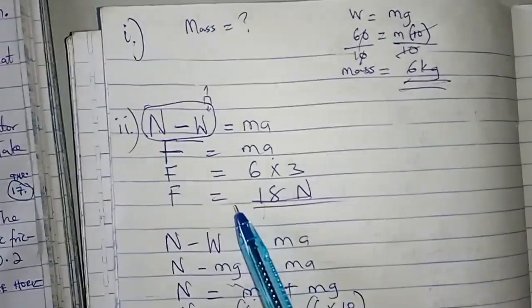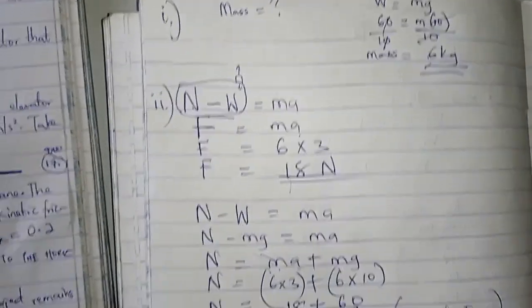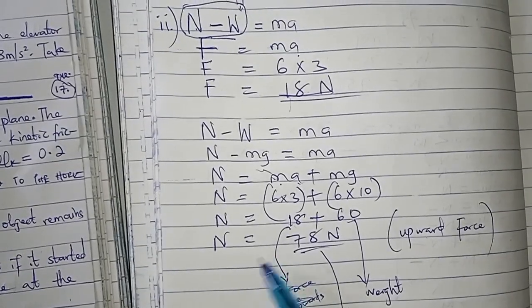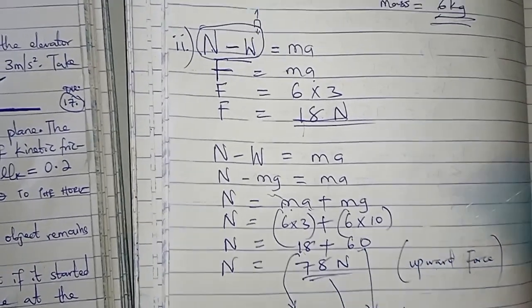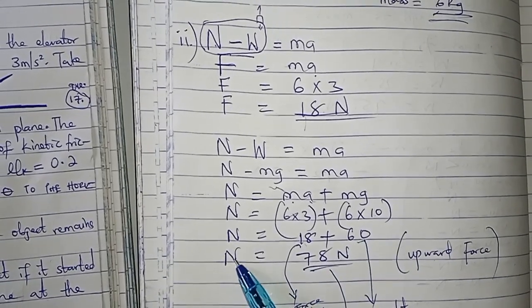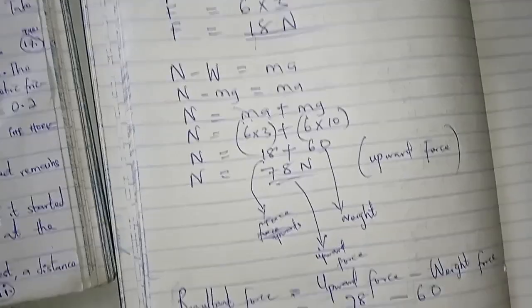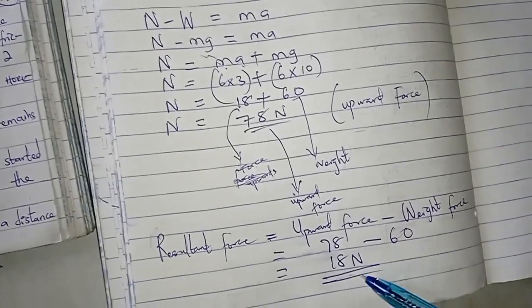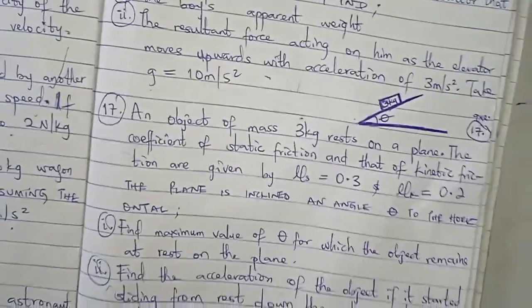So you can do it this way, or you just remember to do it this way. Whenever they ask you resultant force, what they asked you is not the force for a body to move up. But whenever a body is moving up, this is the force that you get using that equation for an elevator. And when you are through with it, the resultant force, you now get it this way. I know you are understanding me.